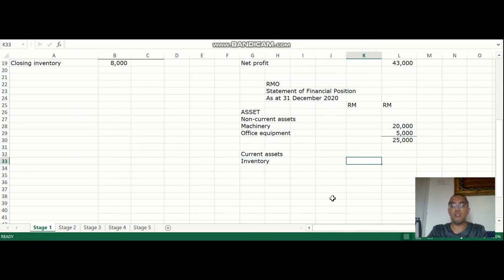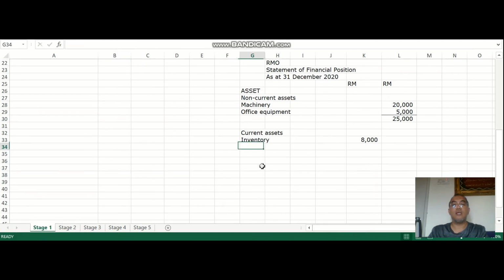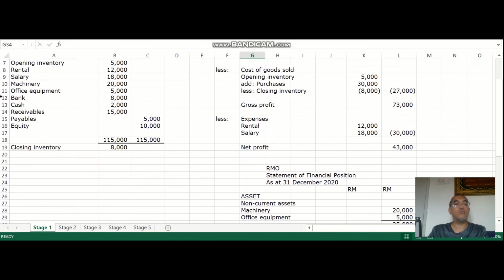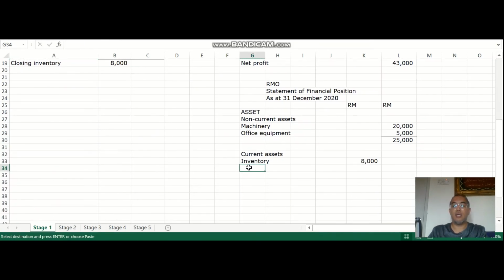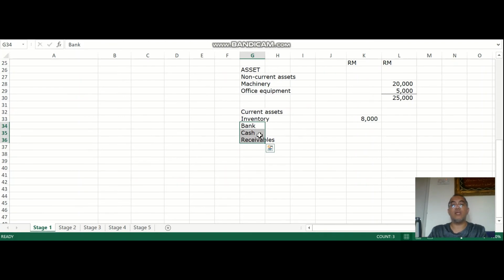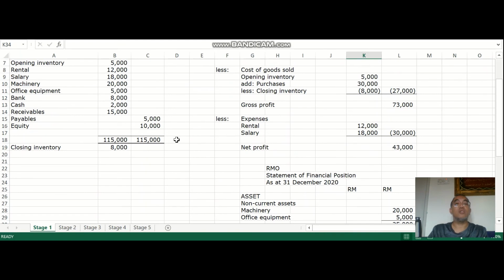Our inventory is 8,000. We got it from here. And then after inventory, we have bank, cash, and receivables. I just copied these three and I put them over here. How much? Bank is 8,000, cash is 2,000, receivables is 15,000.